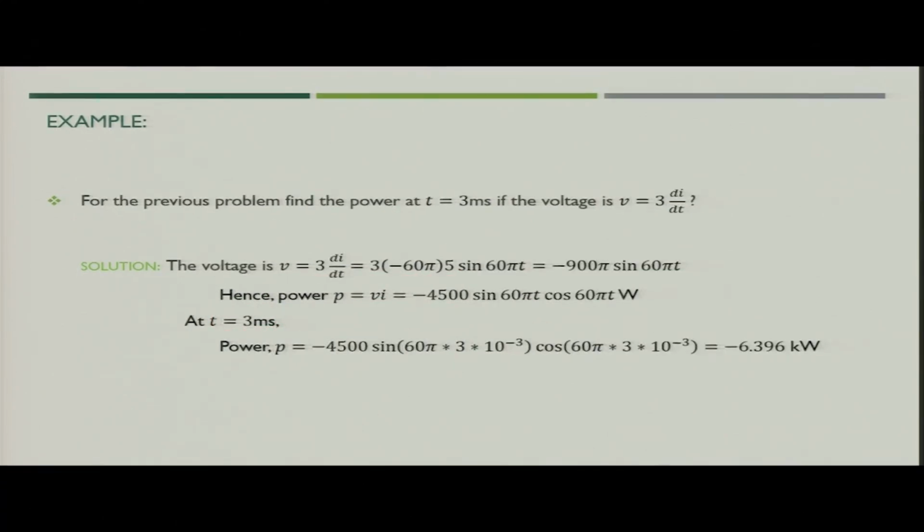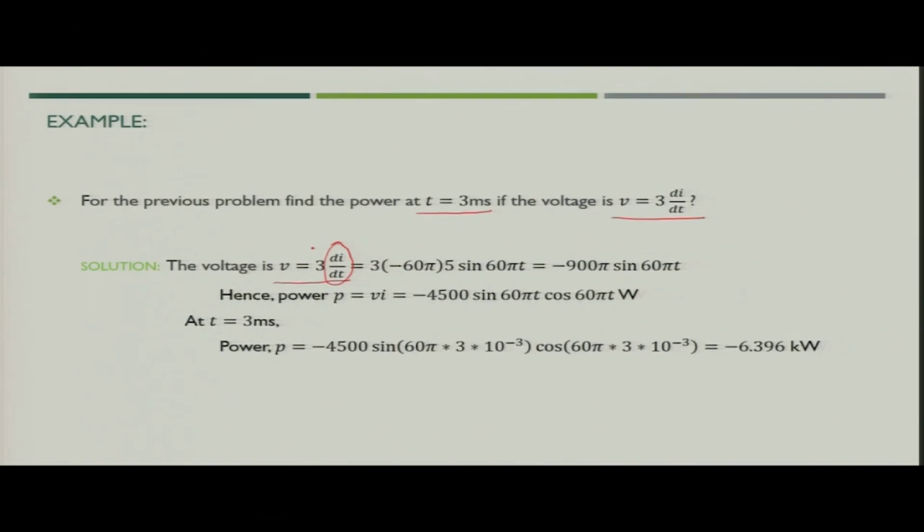Now, if in the previous problem, voltage is given like 3 di by dt instead of 3i and other things are same and time t is equal to again 3 millisecond, how will you calculate? Now, the voltage value you have to find out by simply differentiating the value of current i.